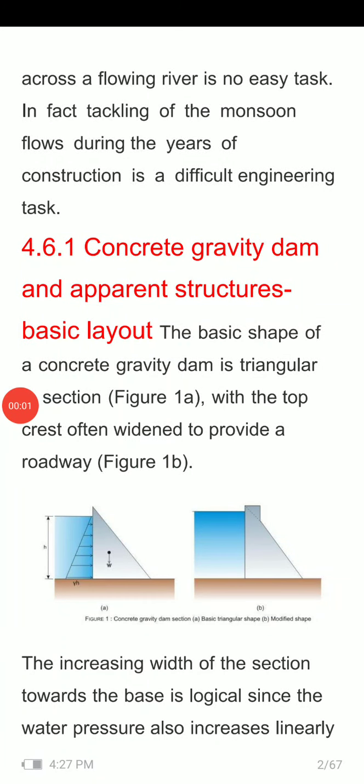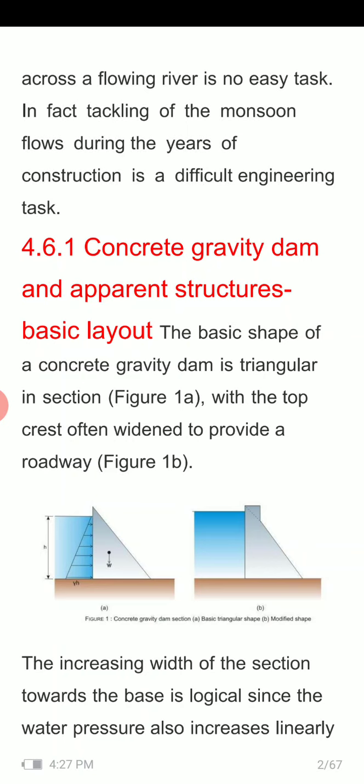Good afternoon, welcome back. Now we further discuss concrete gravity dams and their appurtenant structures. The basic layout of a concrete gravity dam is triangular in section. There are two cases.